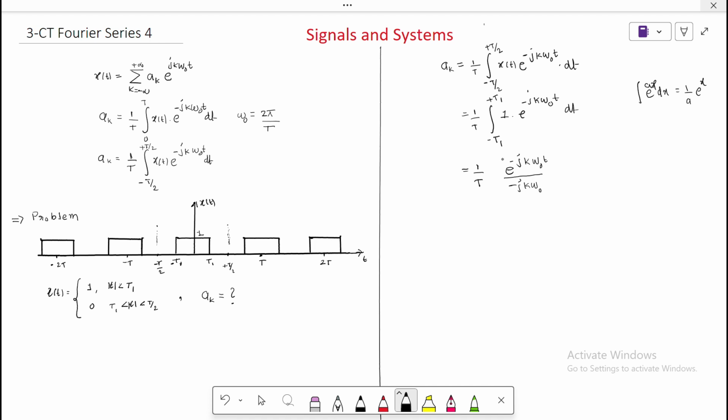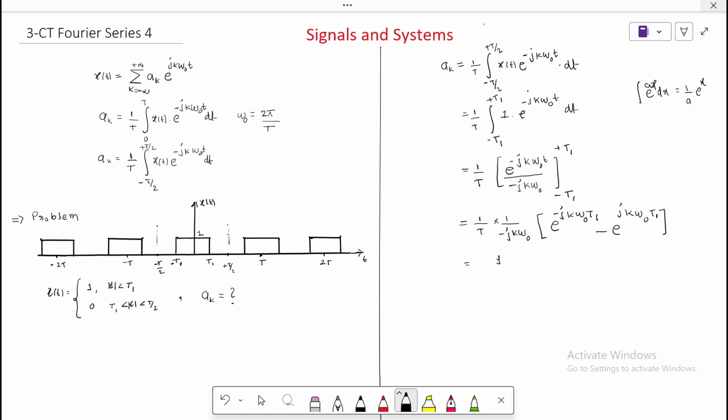Substituting limits minus T1 to plus T1, we get 1 by T into 1 by minus jk omega naught, times the bracket e power minus jk omega naught T1 minus e power jk omega naught T1, since substituting minus T1 makes it positive.